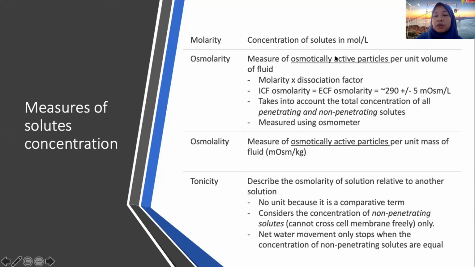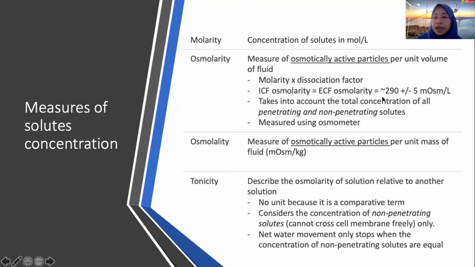Okay, so 1 mole of sodium ion, 1 mole of chloride ion. But if these solutes do not dissociate, for example, you have glucose or urea, the dissociation factor remains 1. So the osmolarity will be equal to the molarity of the solution itself.